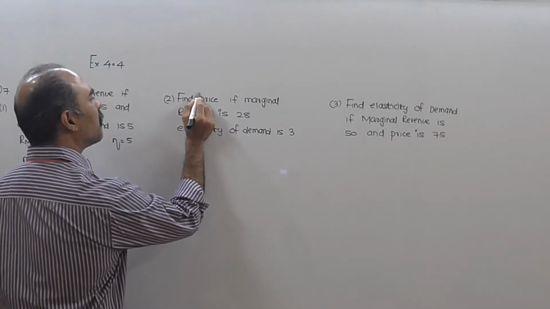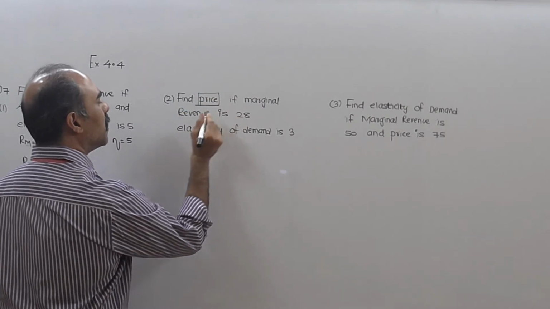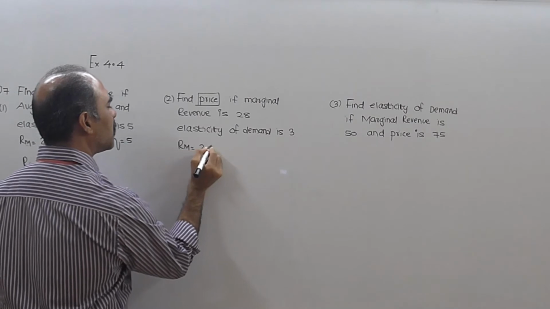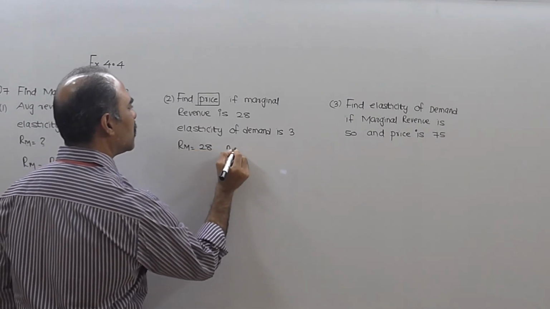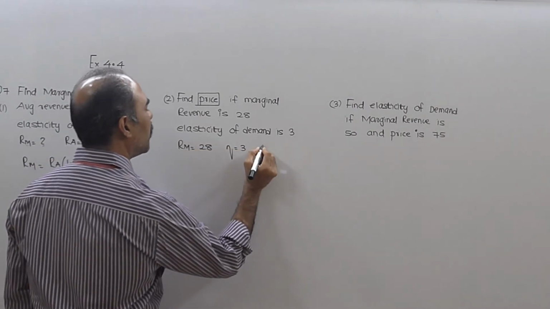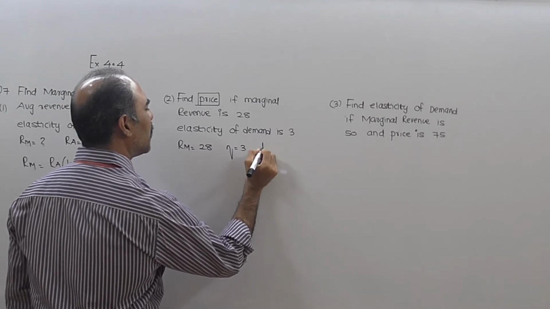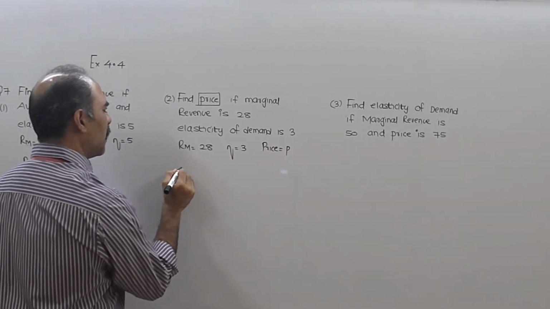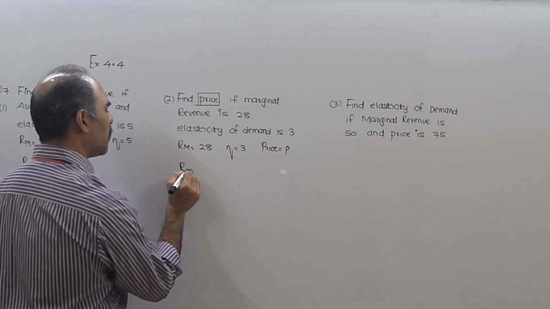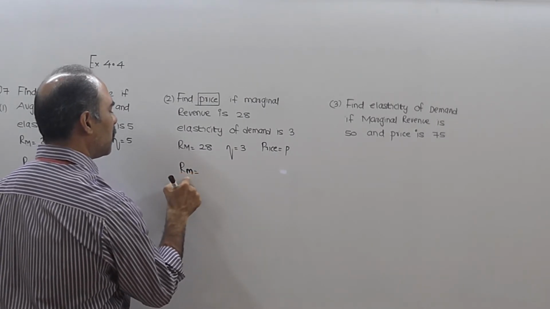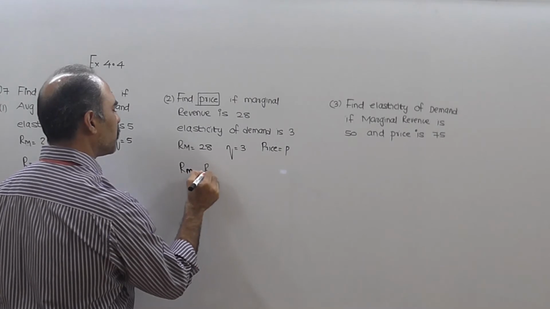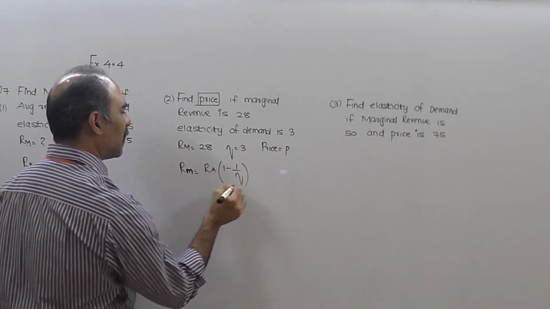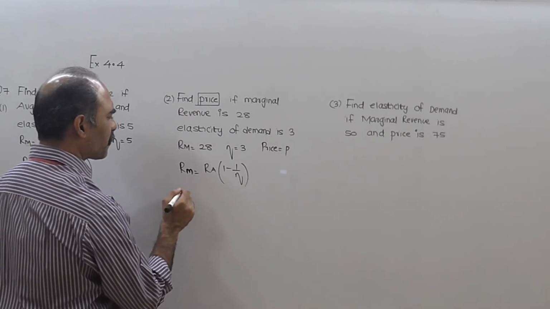Next question is you have to find the price. If marginal revenue, that is Rm, is 28, elasticity of demand equal to 3, and you have to find the price. Price is P. So I will use a relationship formula. Marginal revenue equal to average revenue times 1 minus 1 upon eta.